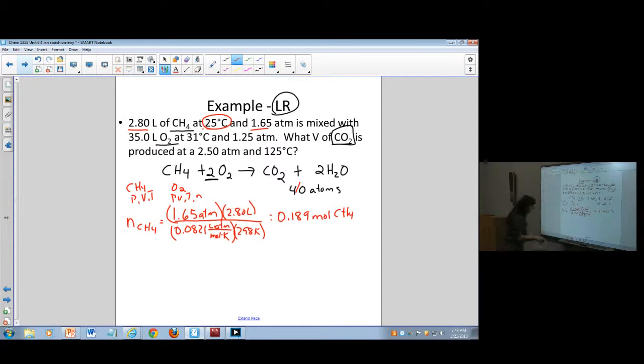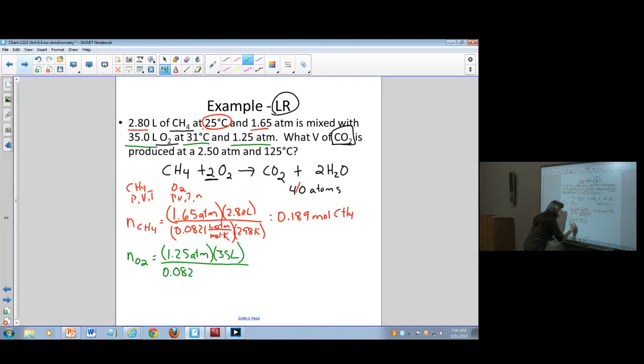Now that was the methane. I've also got to figure out what's going on with the oxygen. I know a volume, I know a temperature, and I know the pressure, so I can find the n of O2. In that case, that's going to be 1.25 atmospheres times 35 liters divided by that lovely R constant that I admit I get tired of writing.